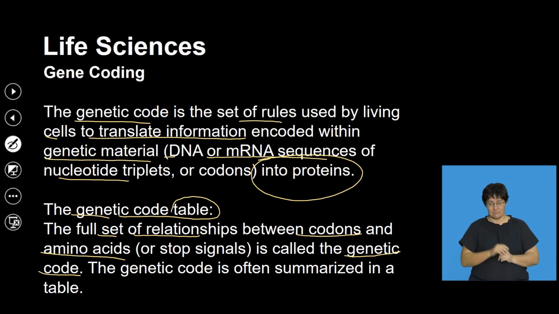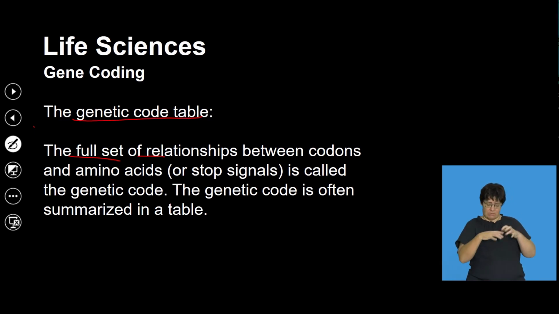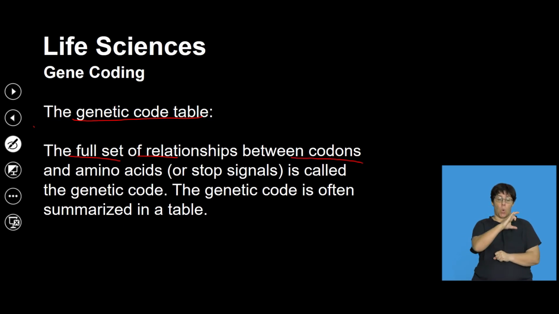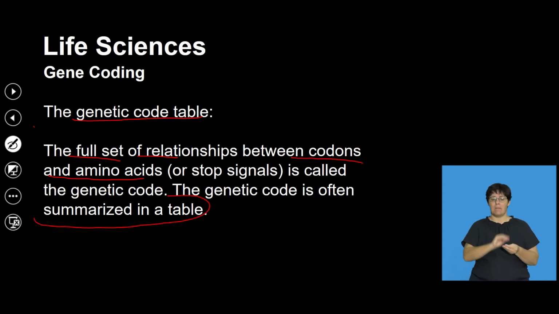And so that genetic code is often summarized in the table on the next page. I'll show you that in a little while. So the genetic code table is a full set of relationships between codons and amino acids. And this is, as I mentioned, often summarized in a table that is universally used.